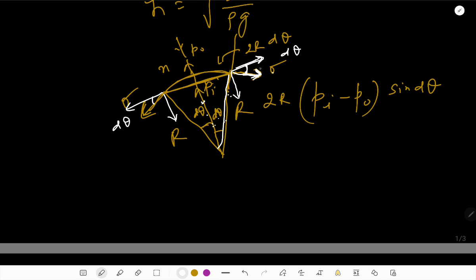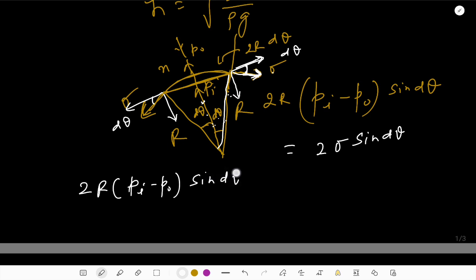This is because this is just cos d theta, so it will become S sine d theta, and it will be equated by 2 sigma sine d theta. And in equilibrium you can write here 2R (p_i minus p_o) sine d theta, and that will be equal to 2 sigma sine d theta.